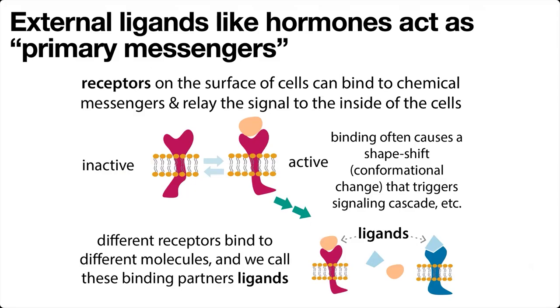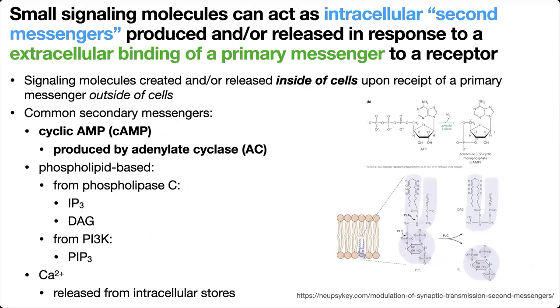And that conformational change is then going to make something happen inside of the cell. So it binds to the portion that's outside of the cells, the ectodomain, and it causes a change in the portion that's inside the cell, the endodomain. And that change is going to do something like set off a signaling cascade or create the production of a secondary or second messenger.